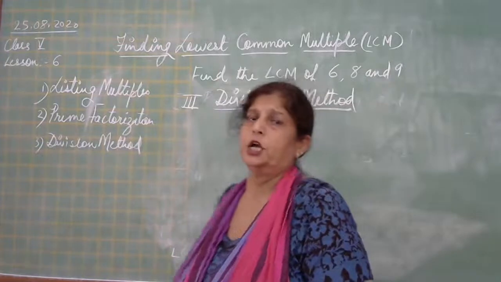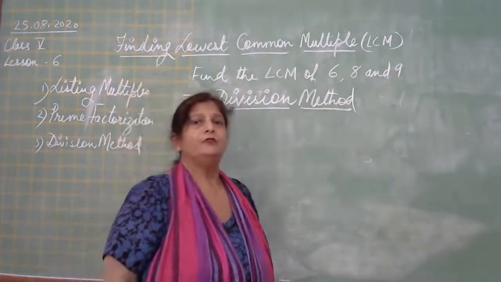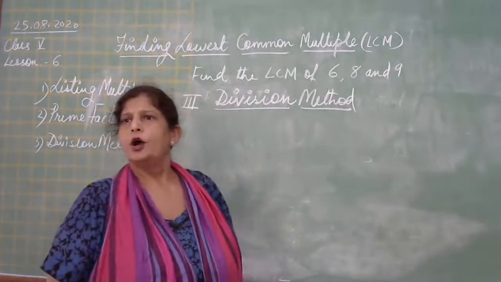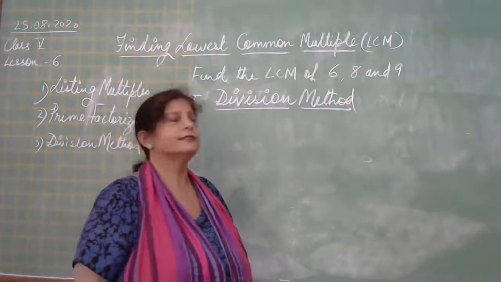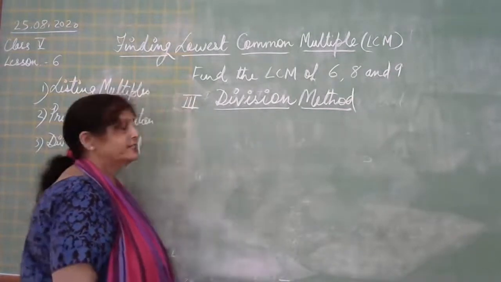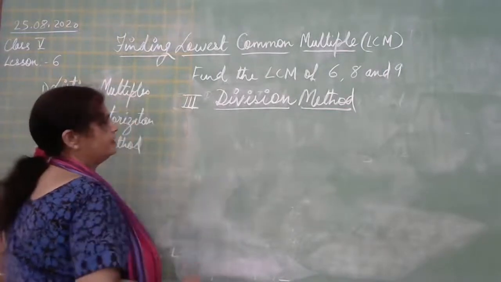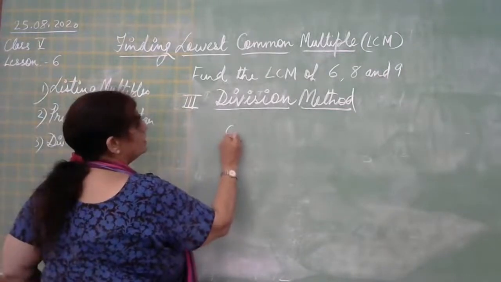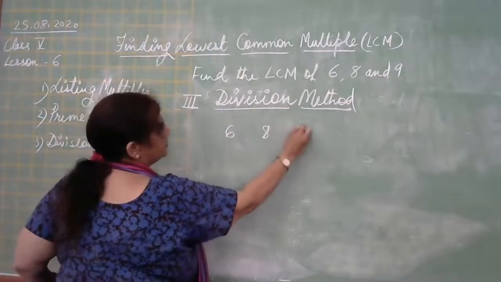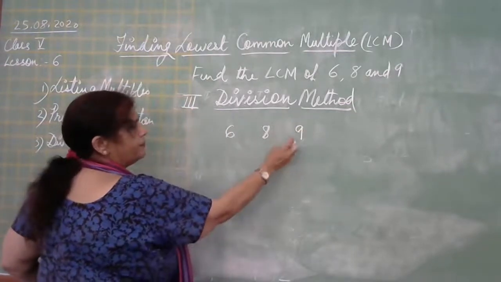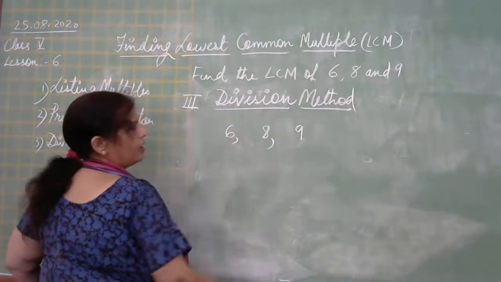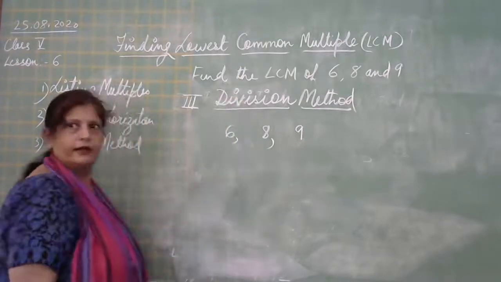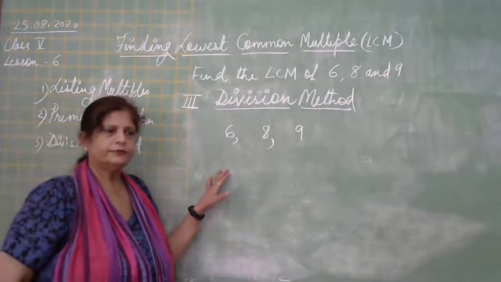See, children, first thing is that we will write all the numbers. Okay, my voice is clear. Okay, thank you, children. In division method, you will write all the 3 given numbers with some gap between them using a comma in a horizontal line. Right? Am I clear?